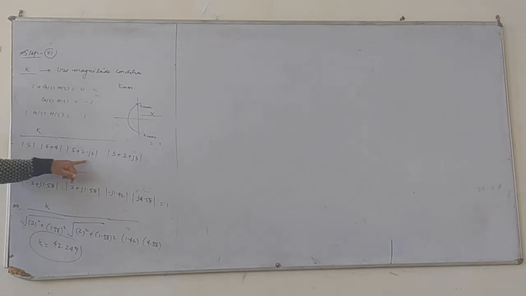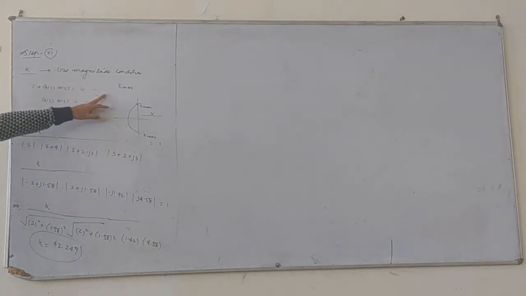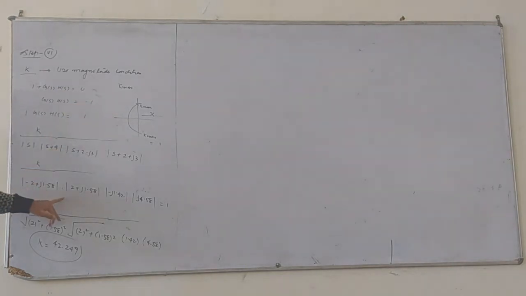Then we have taken the magnitude of each. Why do we have to take magnitude? For stability we have to find the magnitude at two roots, that are the two complex roots. So we have taken the value of those two complex roots. Once we have got the magnitude, that k should be equal to 1, isn't it? Is it fine?